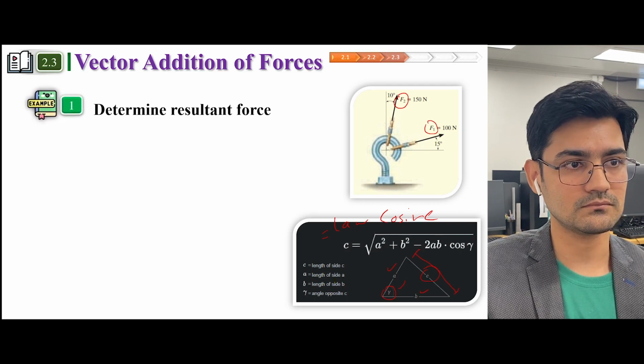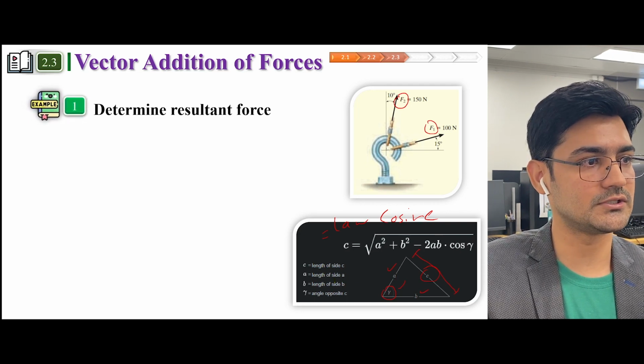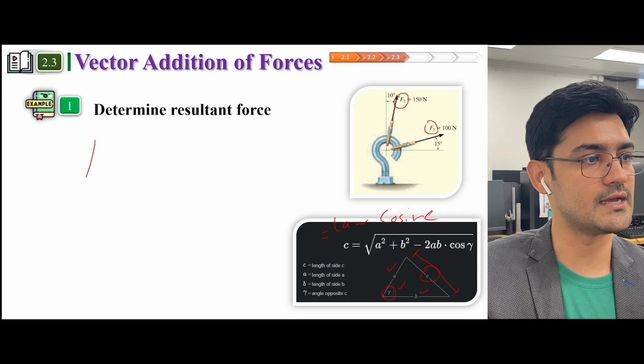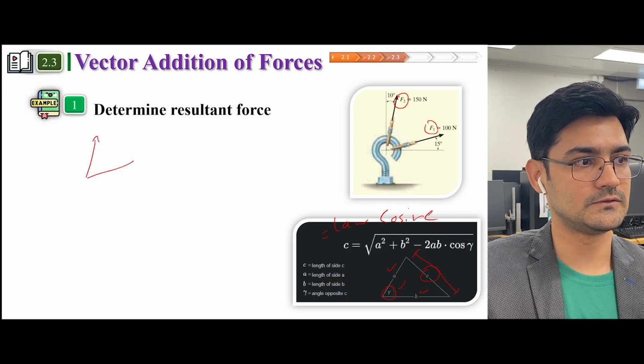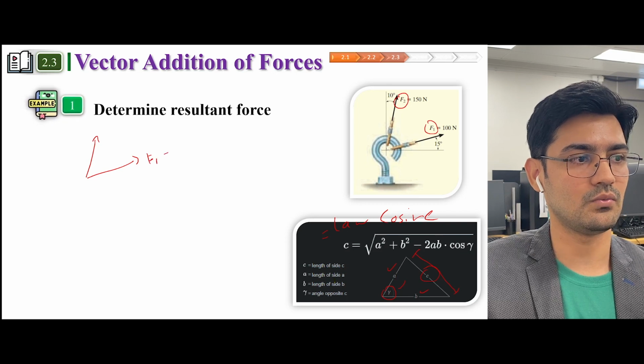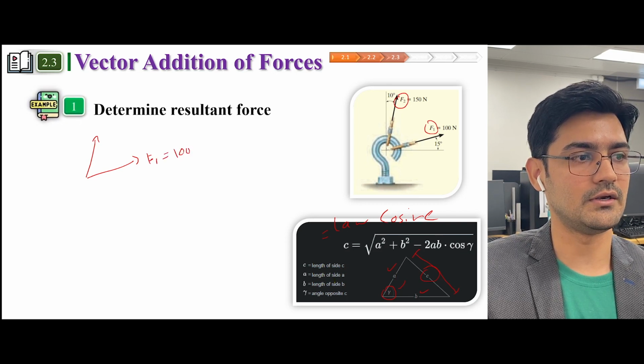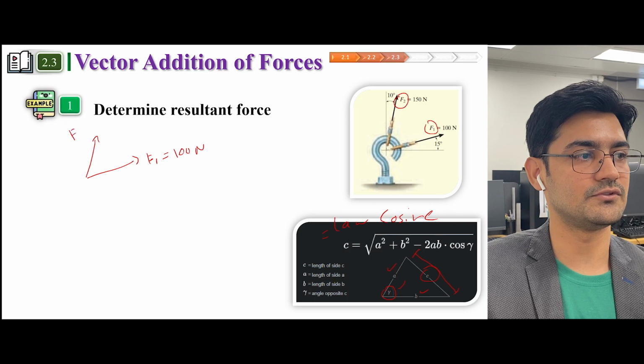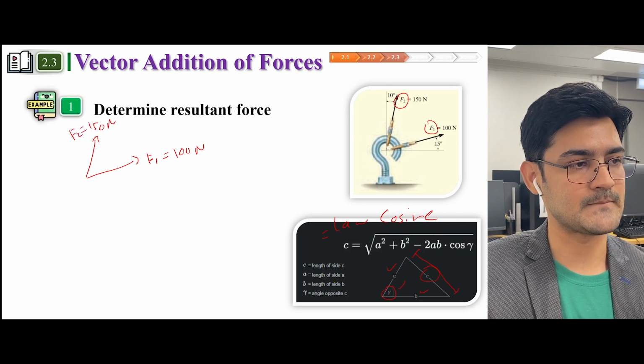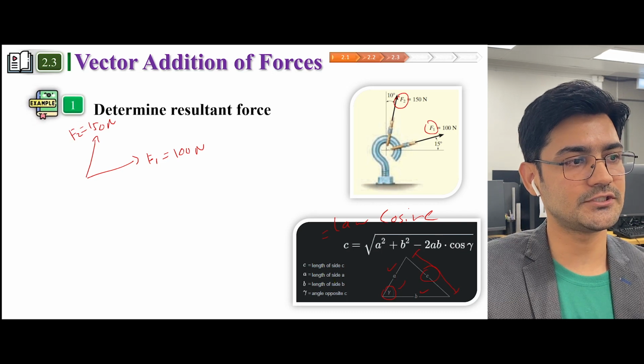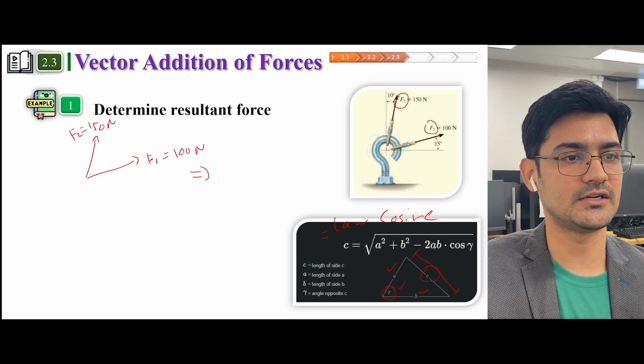Now, I will just draw a free body diagram here. So this is our force F1, which is 100 Newton. This is our force F2, which is 150 Newton. Now first, we will add these two forces to find the resultant force.